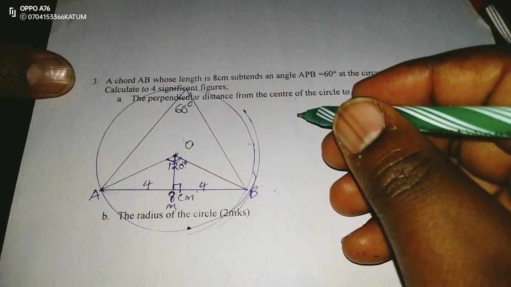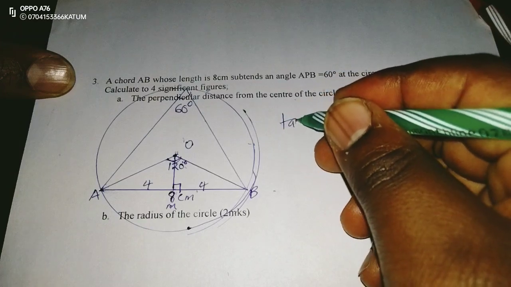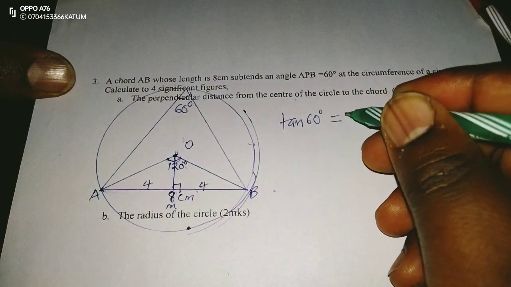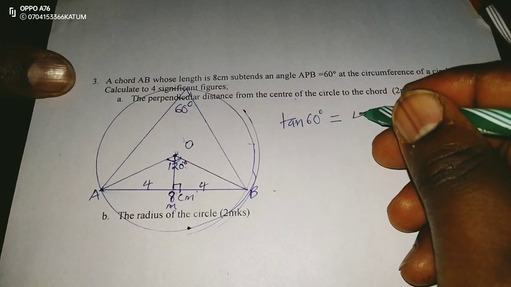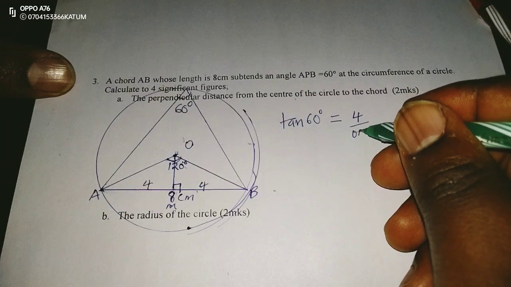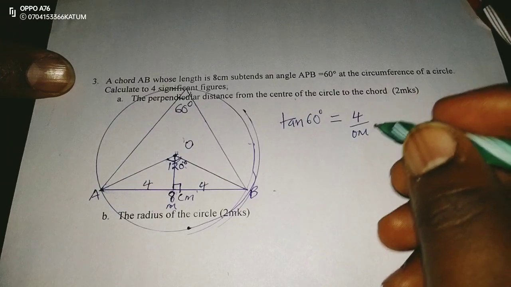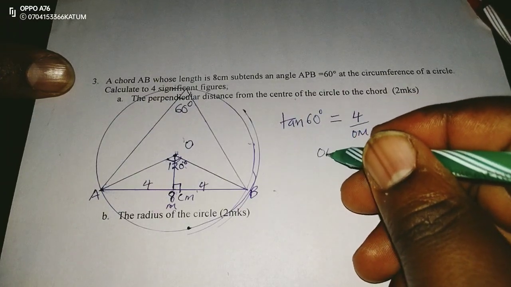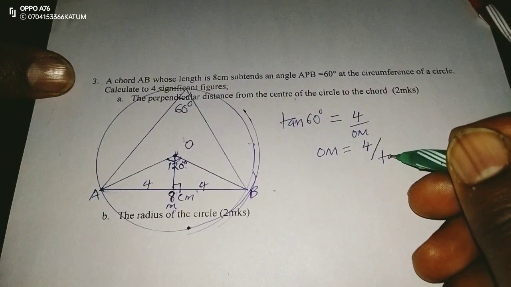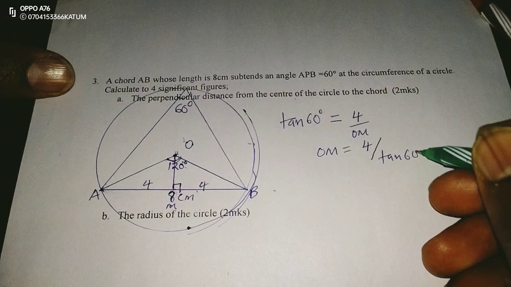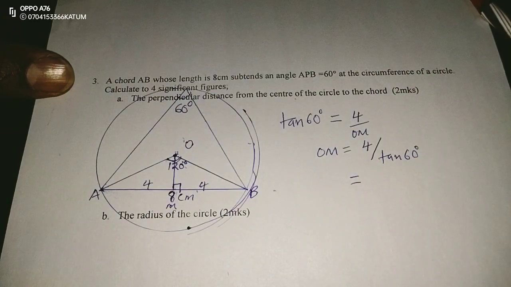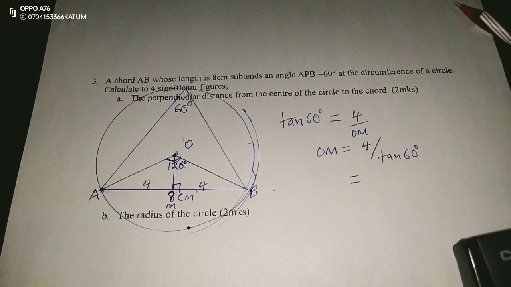We can use tangent and say the tan of 60 degrees should be provided by opposite 4 centimeters out of the adjacent length OM, which is not known. Therefore, the adjacent length OM can only be given by 4 out of the tangent of 60. 4 out of tan 60, and this can be operated using the calculator.